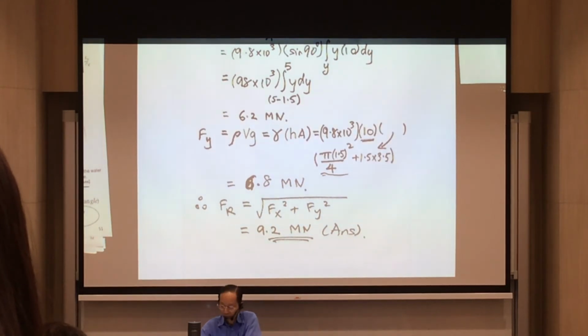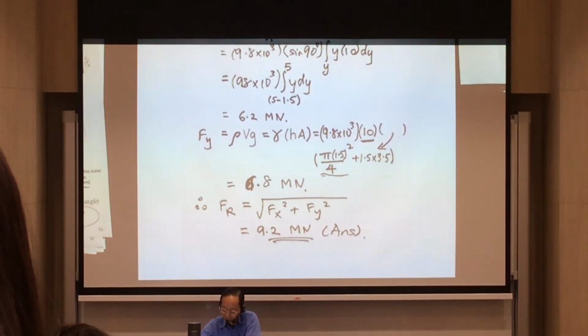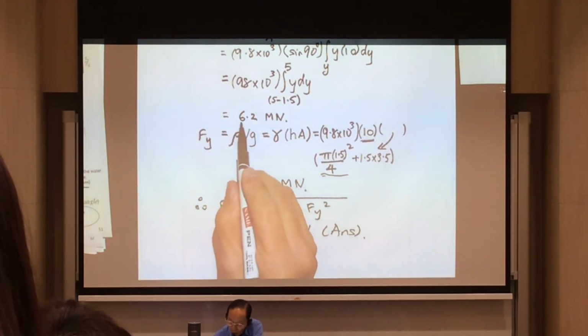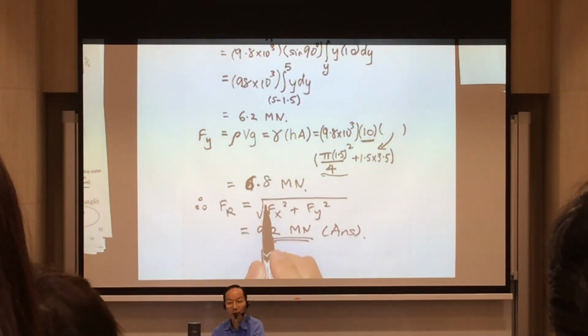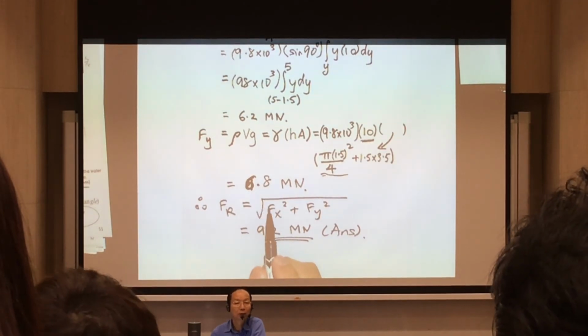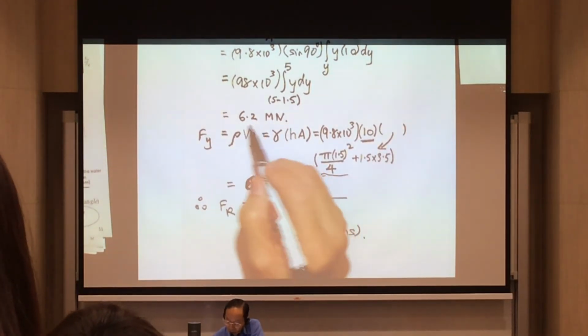Okay, use the calculator. 0.68, is it? And 0.62. That could be a decimal displacement. Anybody got also 0.62 or 0.68? Let me just check this.